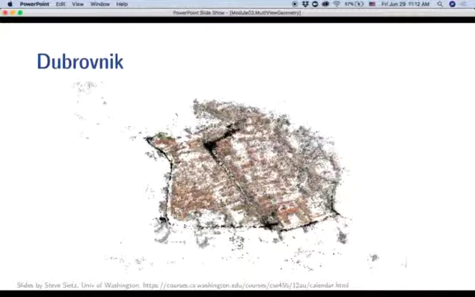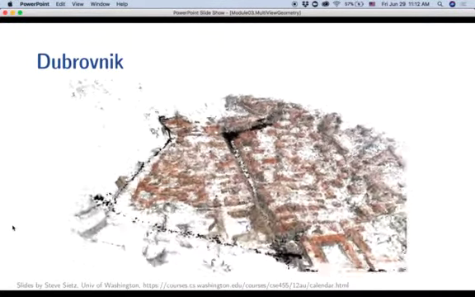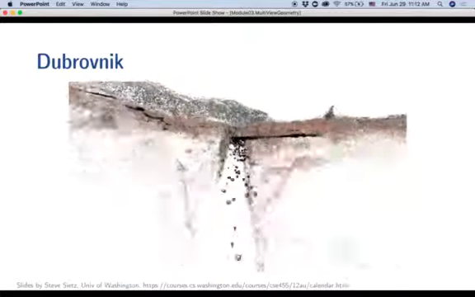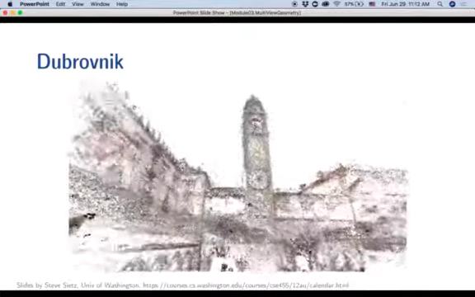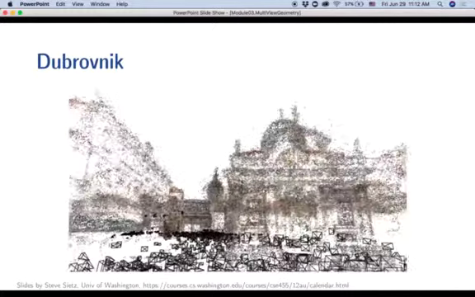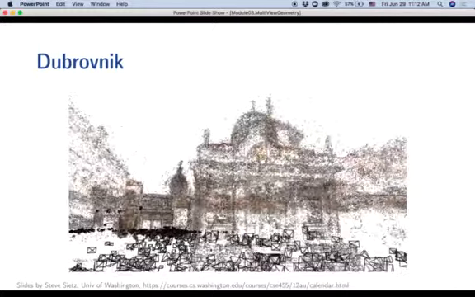They were just wandering around this town and taking photographs. And so the matching problem is even more difficult. But the reconstruction of point clouds is pretty impressive. The entire village is reconstructed. And from the camera locations, these black pyramids, you can see that they are spread out all over the town.